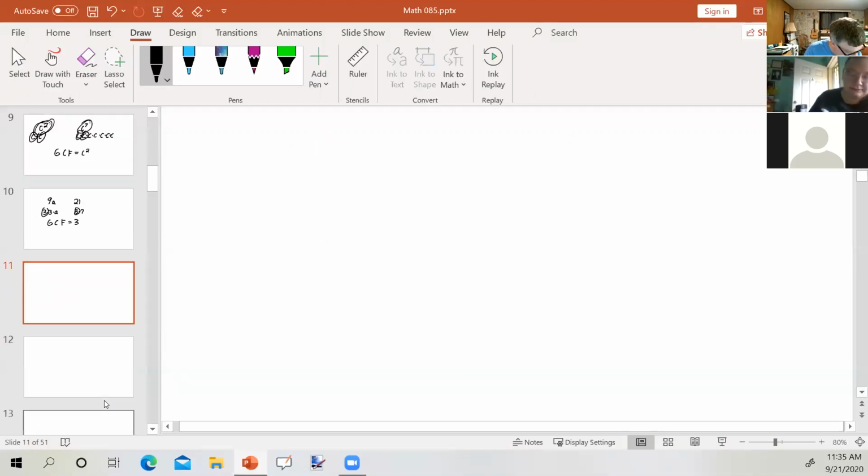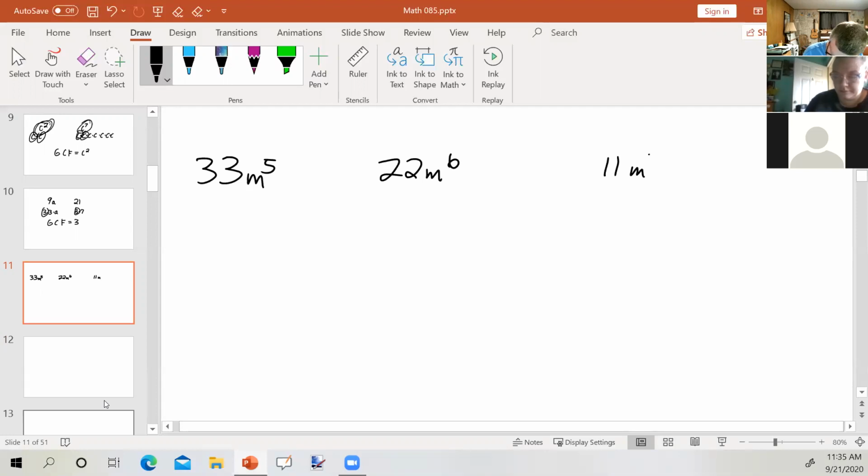Let's say we've got 33m to the 5th power, 22m to the 6th power, 11m to the 5th power. Let's separate these into the coefficients and the variables, the coefficients being the numbers. So 33 is what? 3 times 11. 22 is 2 times 11, and 11 is 11.